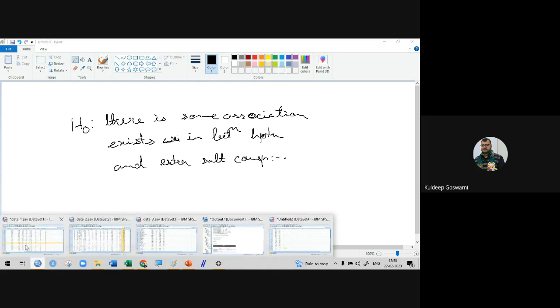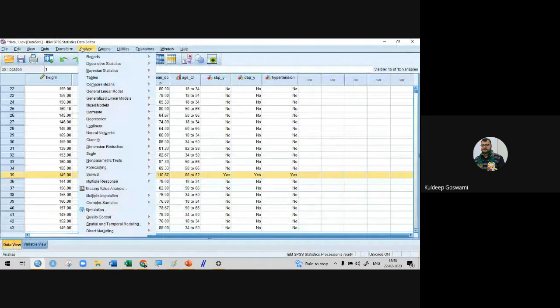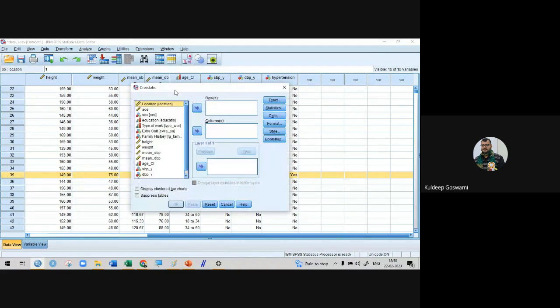In that case, go to Analyze, then Descriptive Statistics, then Crosstabs. Click on that.